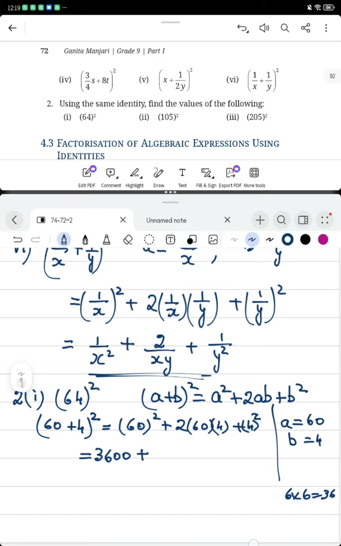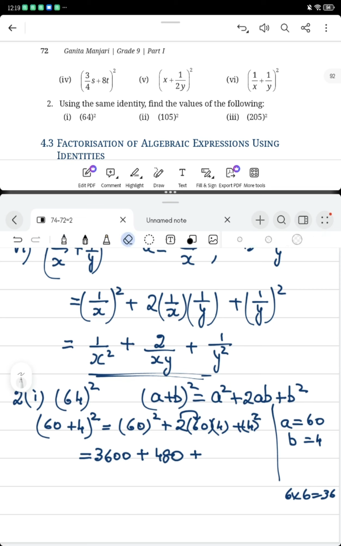Plus, here multiply 2 6s are 12, 12 4s are 48, and attach the 0 at the end, so it becomes 480. Don't make the multiplication too complicated. Just multiply the numbers and then attach the 0.